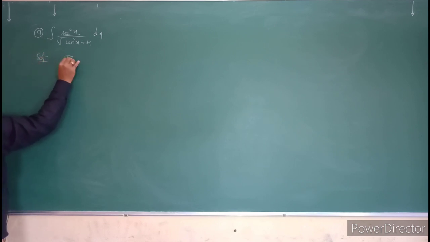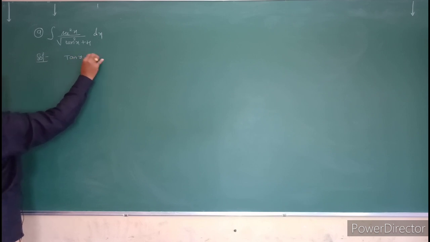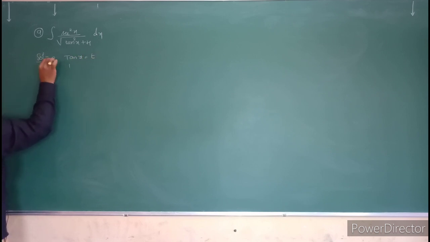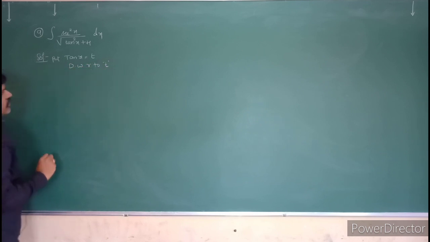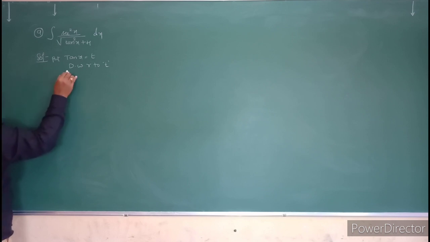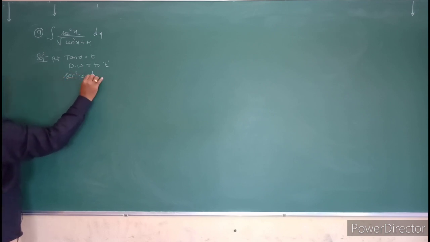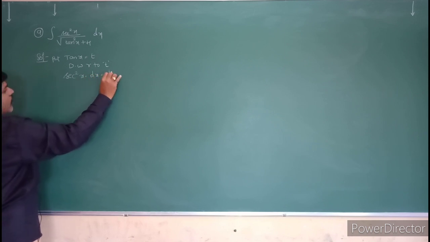So tan x is equal to t, differentiate with respect to t. Tan x derivative secant square x into dx is equal to dt.